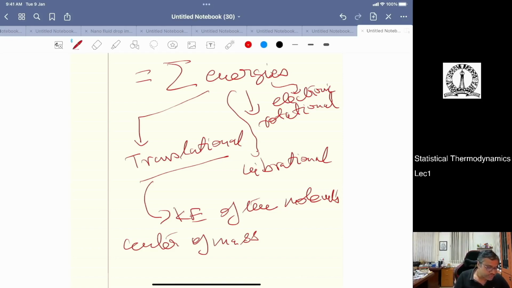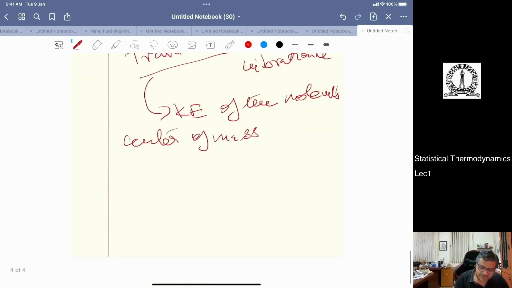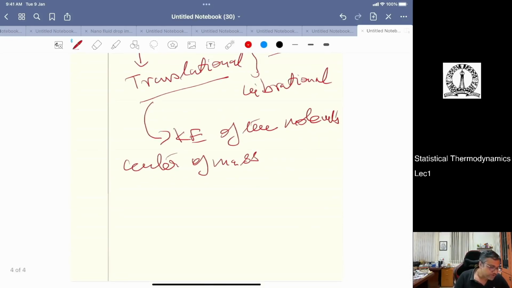Now, the other sources, for example, rotational. Rotational basically describes the energy that is stored by the molecular rotation. So the energy that is stored by the molecular rotation is what actually determines the rotational mode of energy. The vibrational mode is the energy that is stored by the vibrational bonds that hold the molecules, right? And the electronic mode is basically the energy that is stored by the motion of electrons within the molecules.